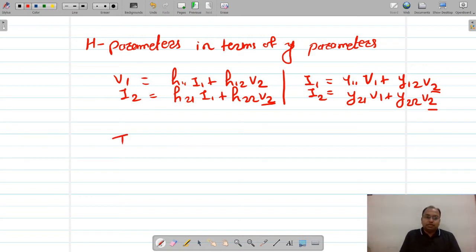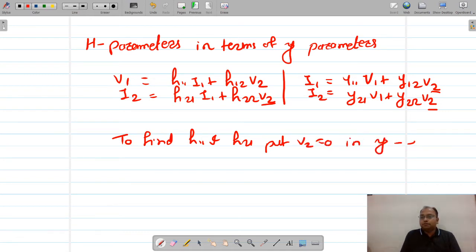To find h11 and h21, put v2 equal to 0 in the y parameter equations. After putting that, these are the two resultant equations.